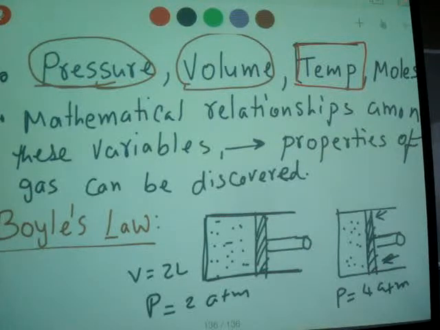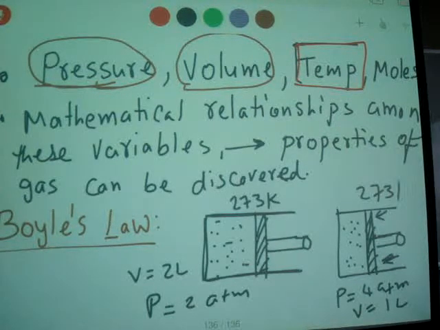What happened to the volume of the gas? It becomes half, 1 liter. And the temperature is 273 Kelvin, so temperature is constant.